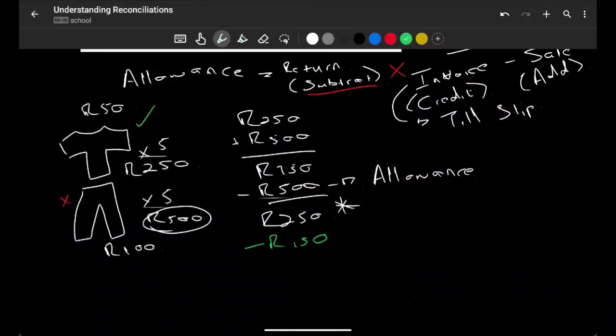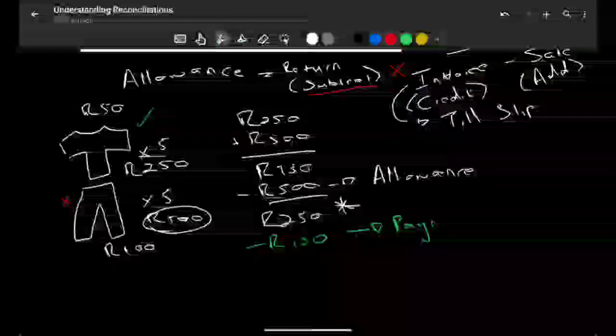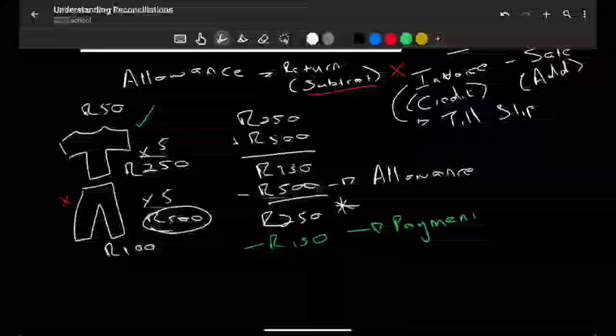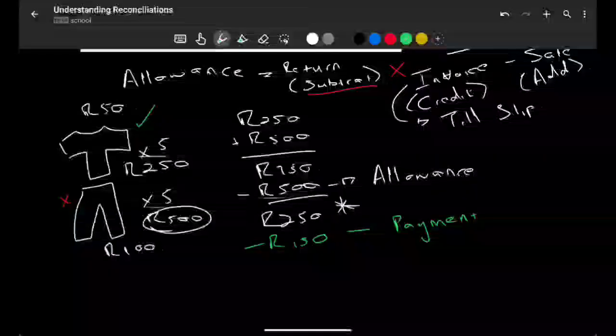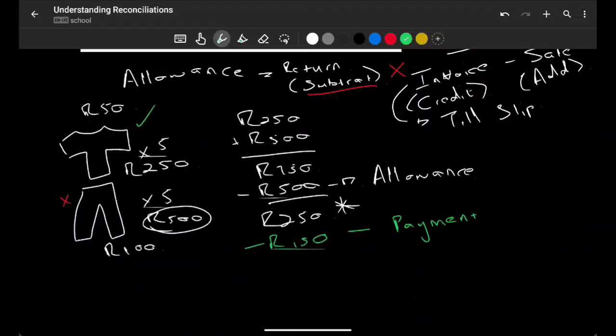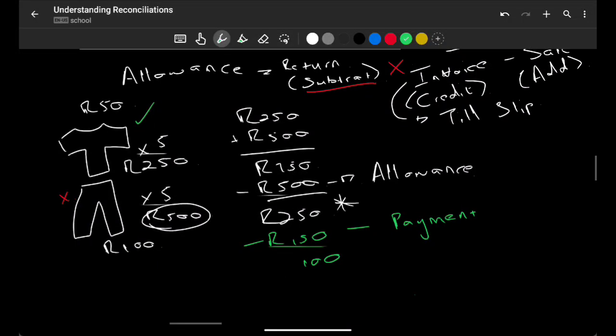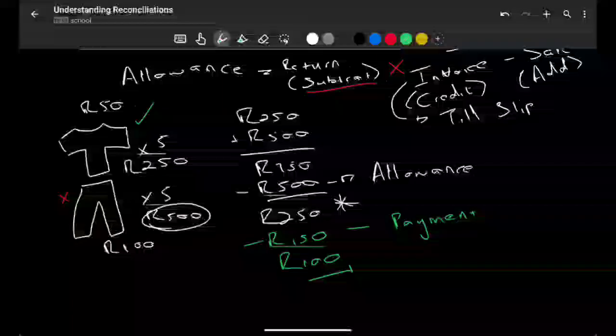Minus 150, and that is for a payment, right? Remember, when you're paying, you owe 250. They expect you to pay off the whole 250 eventually, but for now you just paid off 150. Therefore your balance is 100 rand, right?